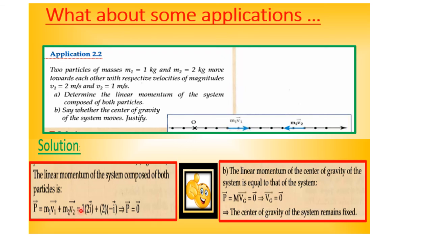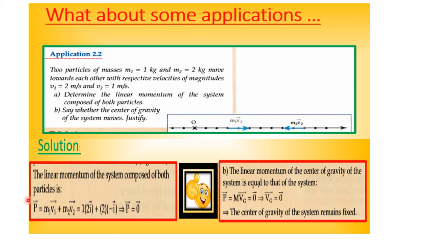Because v1 has the same direction as the positive x-axis, plus m2 v2, which is 2 into minus 1i, because v2 has opposite direction to the positive direction of the x-axis. So 2i minus 2i equals 0. Consequently, the linear momentum of this system equals 0 vector.